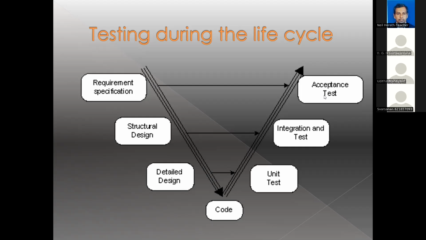The acceptance test corresponds to the requirement specification. So most of the time, validation will come in this last stage. And verification means whatever tests are done before the last stage. Is that clear?